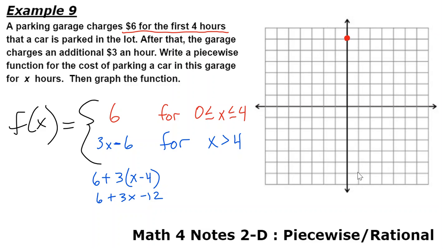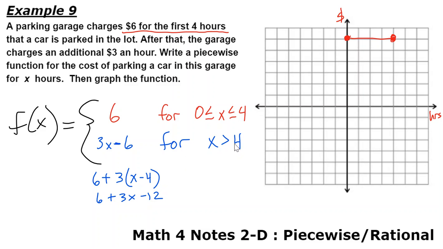But at this point, they're still going to charge you $6 for pulling the ticket out of the machine. And you'll go for the first 4 hours, and we'll do this in terms of hours. And this is dollars. All right, so the first 1, 2, 3, 4 hours. It's going to look like that.